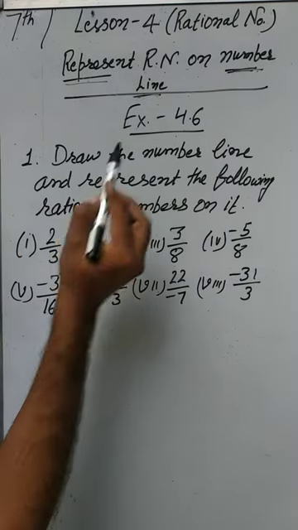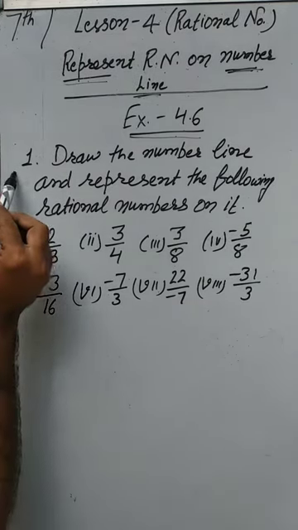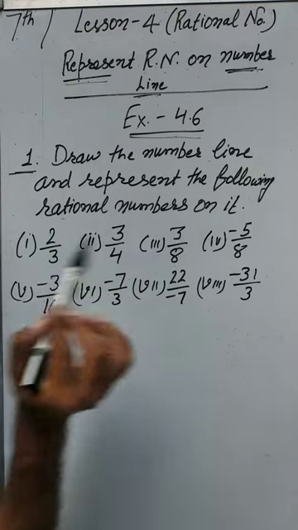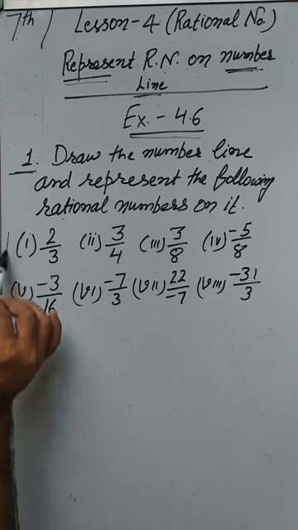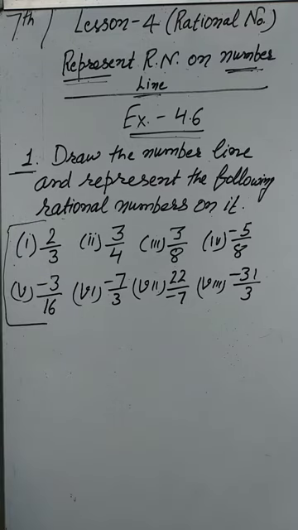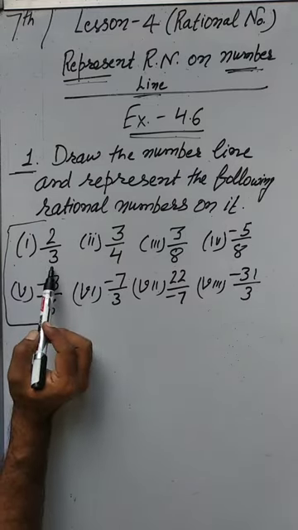Yes, beta, your exercise 4.6. The first question is based on the representation of rational numbers on the number line. Draw the number line and represent the following rational numbers on it. I have explained how to do this. The first is 2 upon 3.